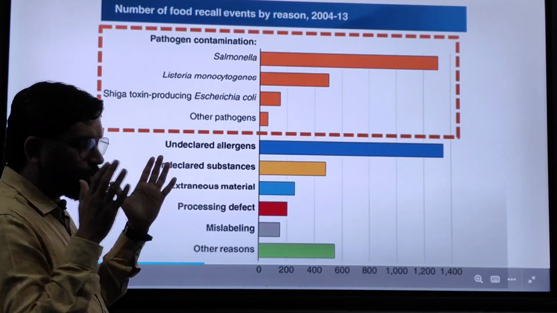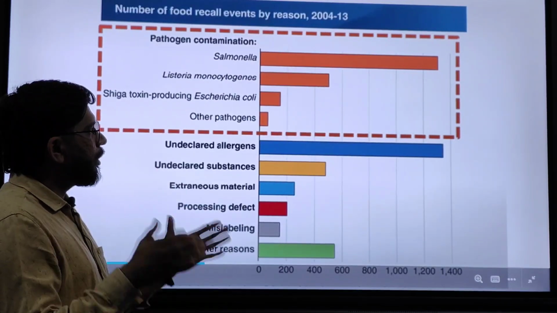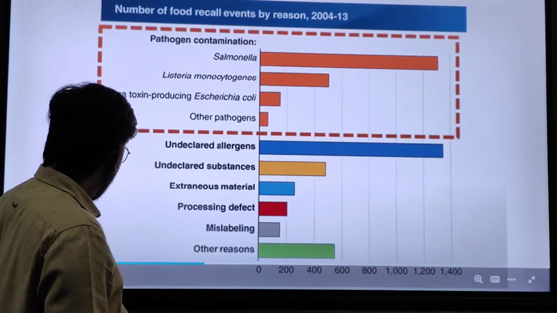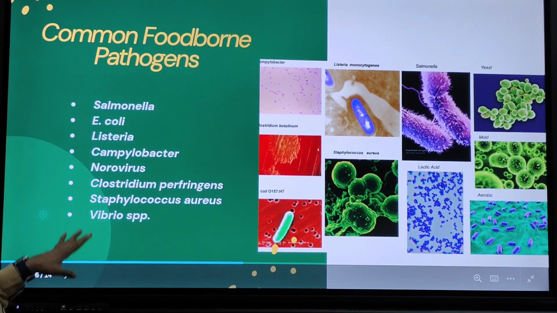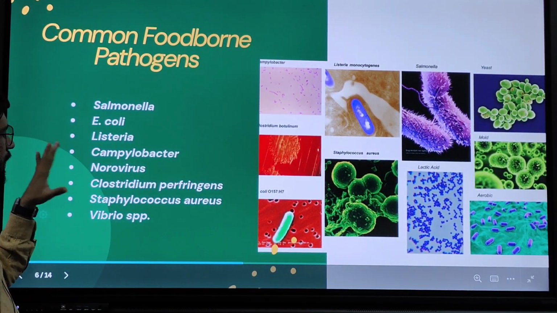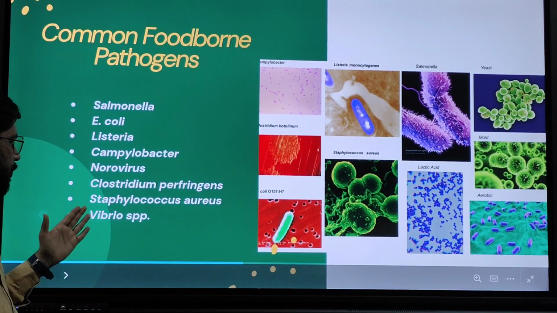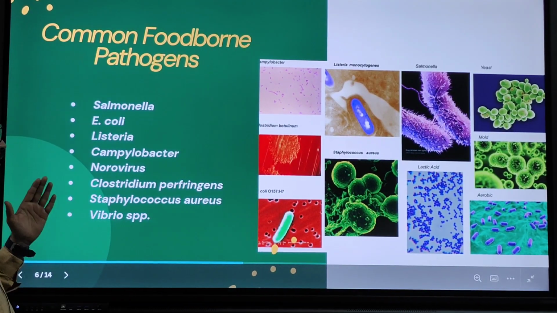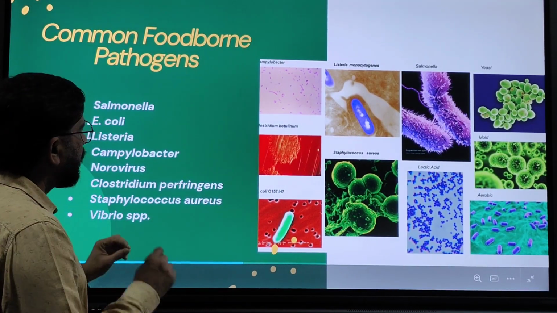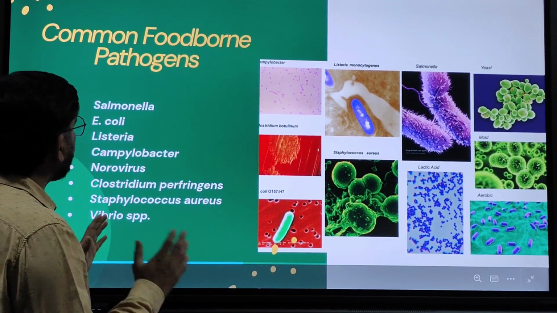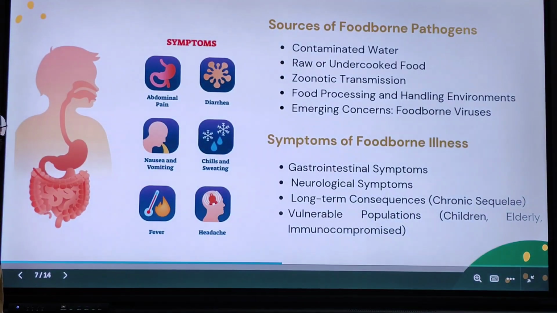Along with this, there are various allergens which also have an impact on food illness. As we discussed, Salmonella, E. coli, Listeria, Campylobacter, noroviruses, Clostridium, Staphylococcus aureus, and Vibrio species are reported to be common foodborne pathogens.